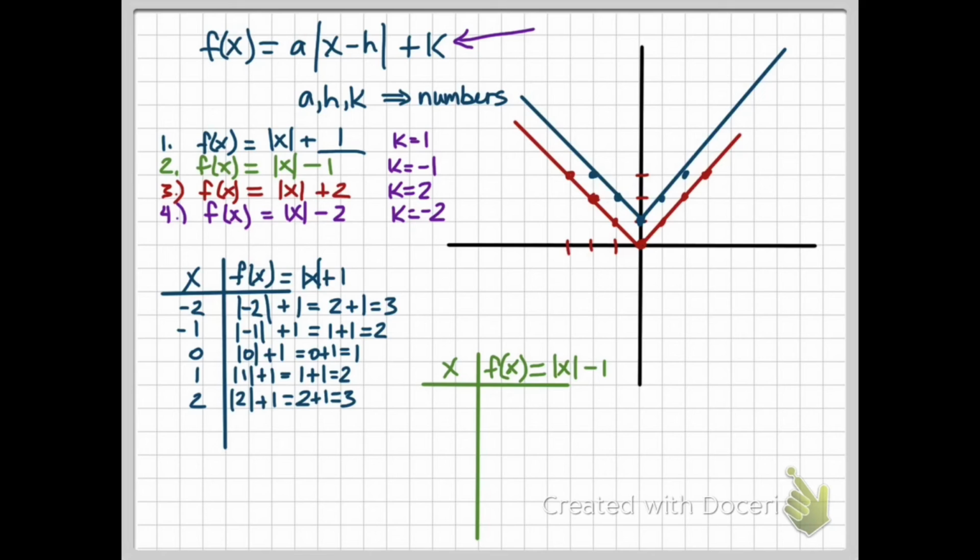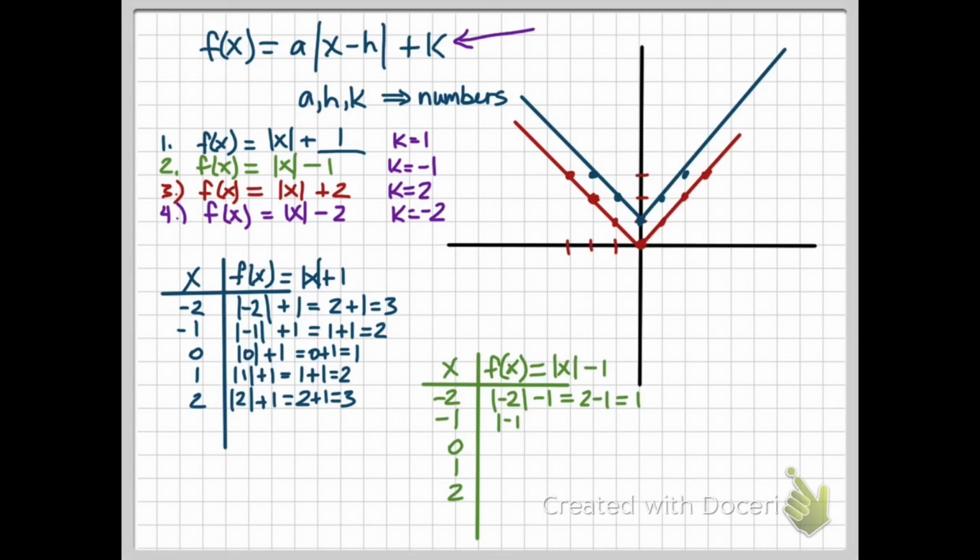If we keep the same x's, so -2, -1, 0, 1, 2, and I would recommend keeping the same x's for every single one of them so you can see what it's actually doing on the graph. So we're going to plug this in again. We have absolute value of -2 minus 1 this time, so it spits it back out positive. We have 2 minus 1, so that's a 1.